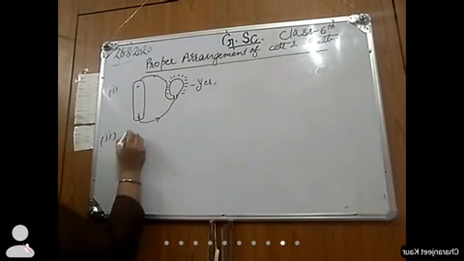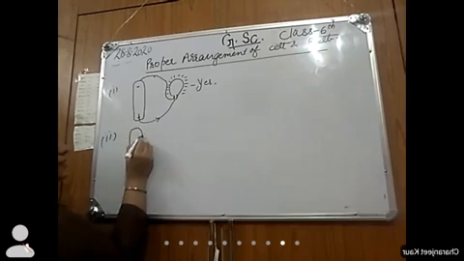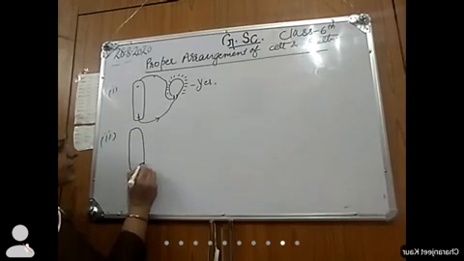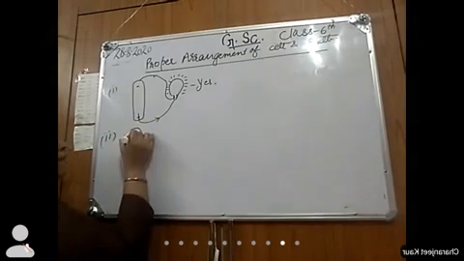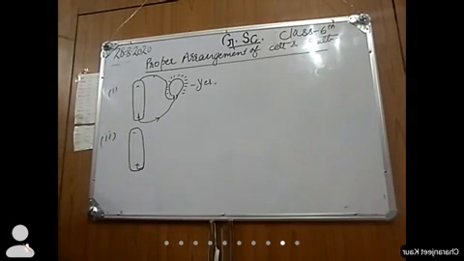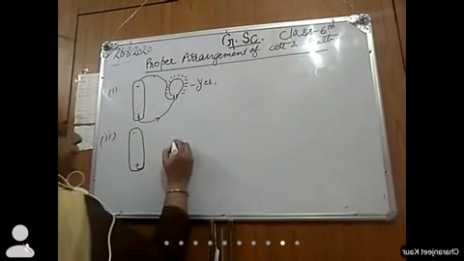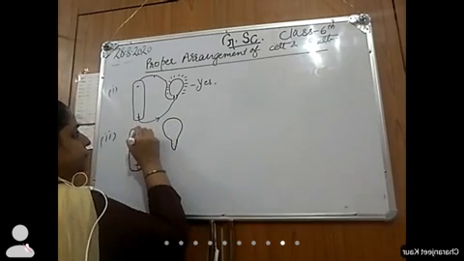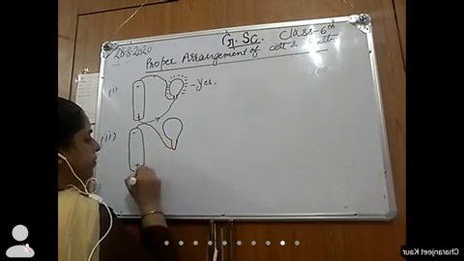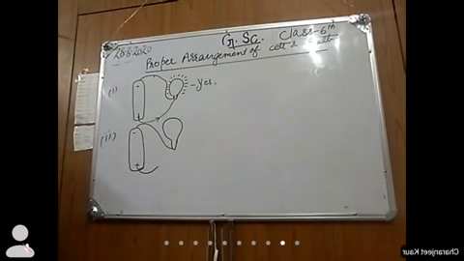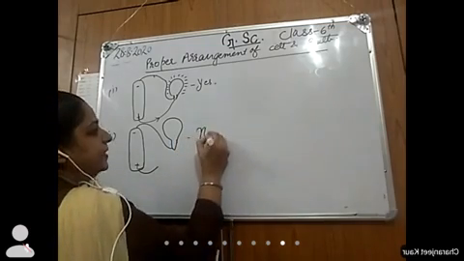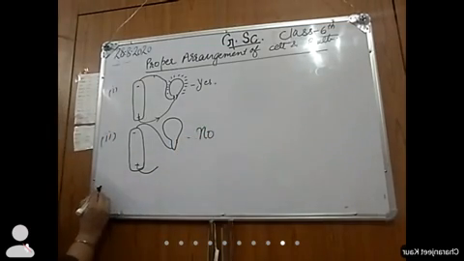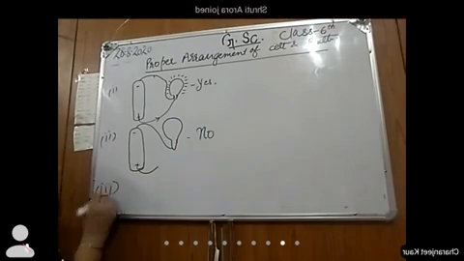Number 2. My next arrangement is, this is the cell, positive and negative terminal. Now again, this is the bulb. Will the bulb glow now? No, because there is a break in the circuit. Number 3, let us do one more arrangement.